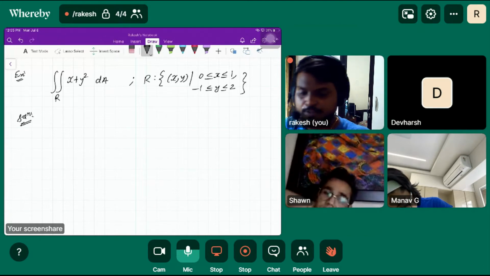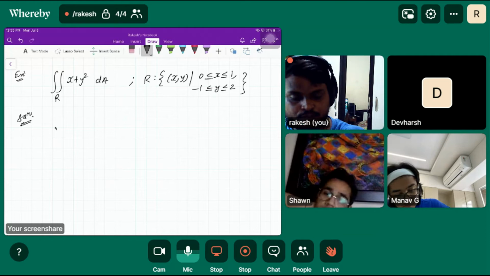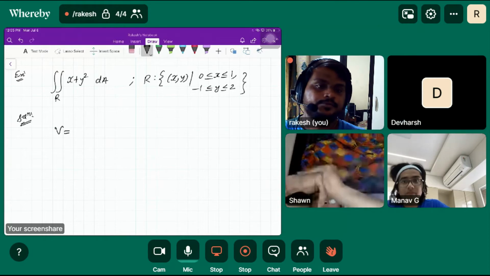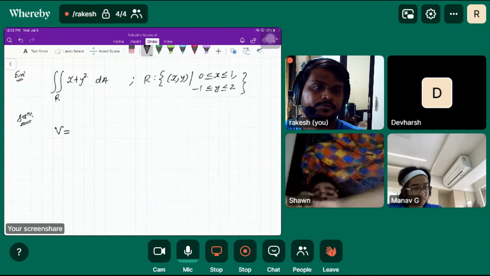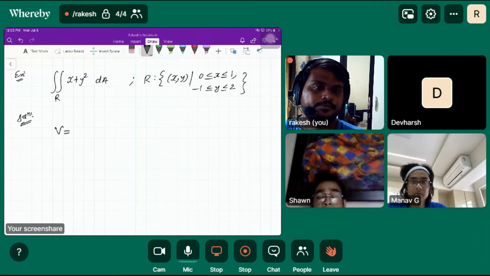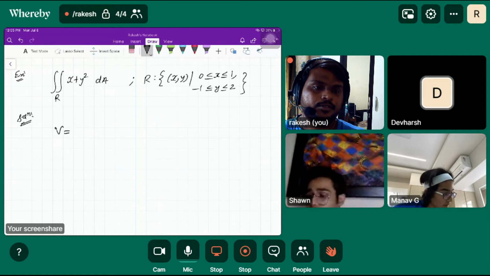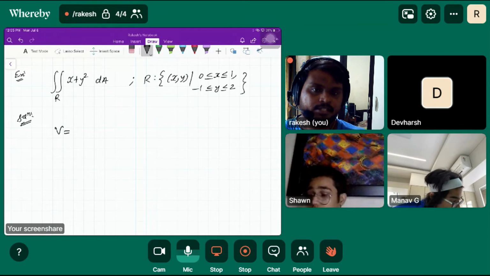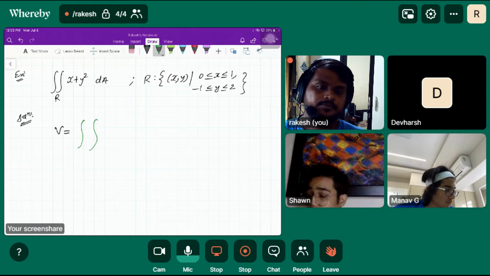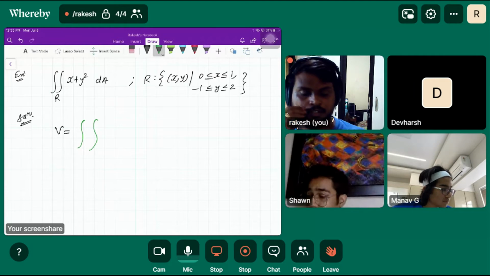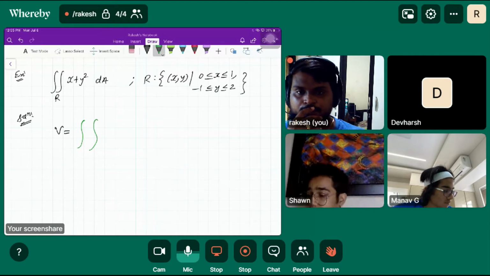Have you written down the expression, the full expression of the volume? Basically, you have to put limits now on both the integrals. So let me know the limit on the first integral.